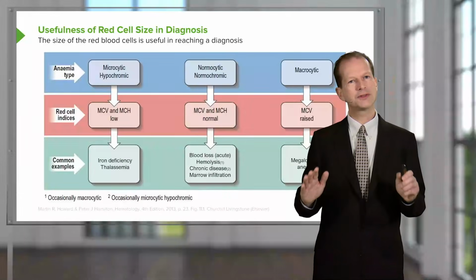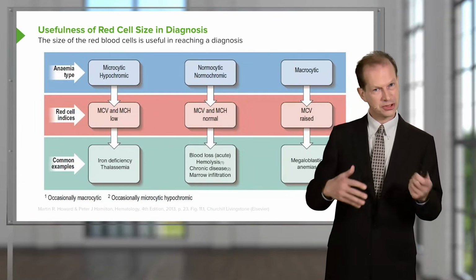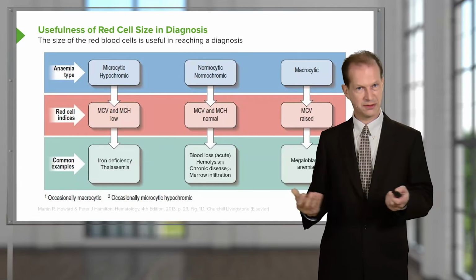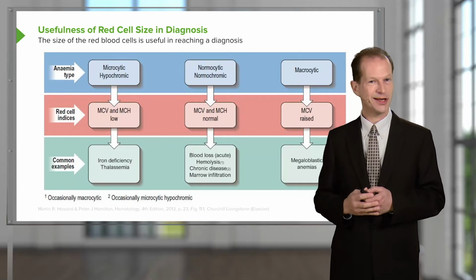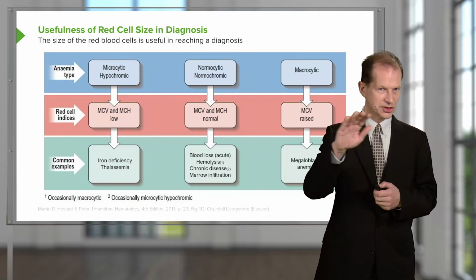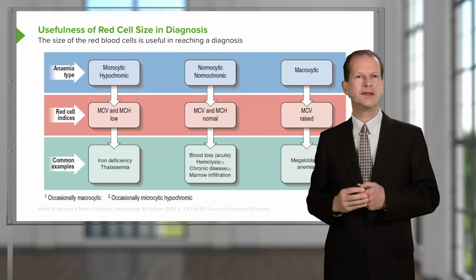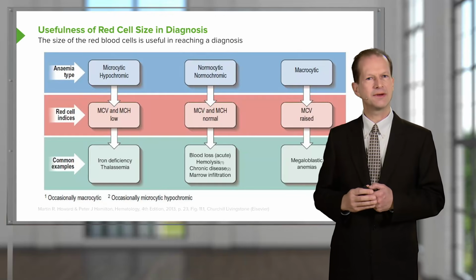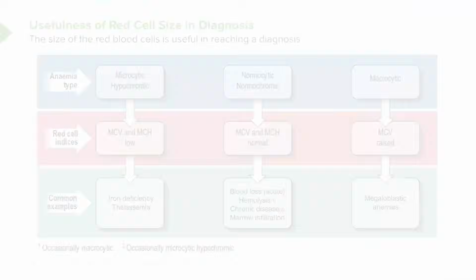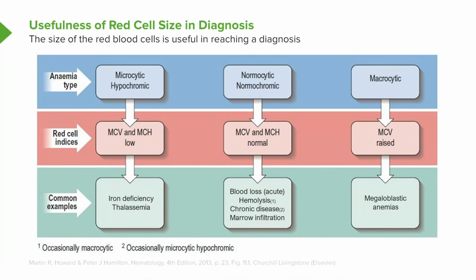Now, one useful approach for trying to sort out these different sorts of anemias is the size of the red cell. You'll see along the top there in blue, the anemia type can be classified into those three groups: microcytic and hypochromic disorders. What does that mean? Microcytic, small red cells; hypochromic, a reduction in the amount of hemoglobin, so they don't stain as well on the blood film.